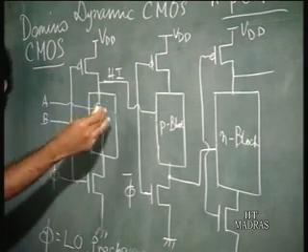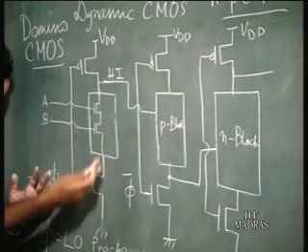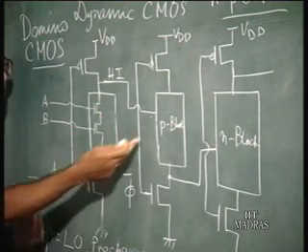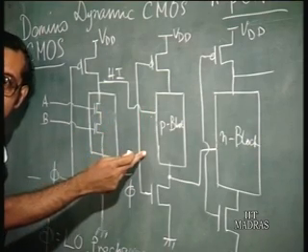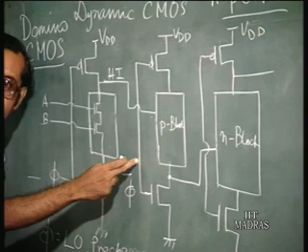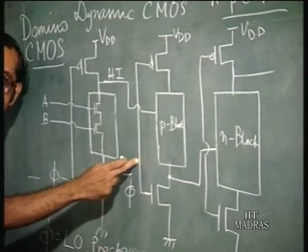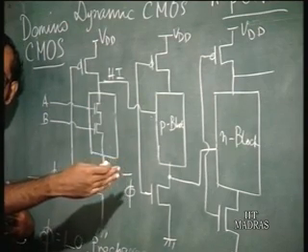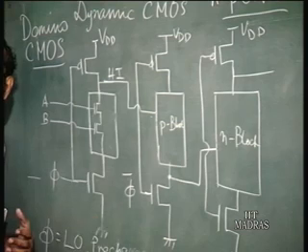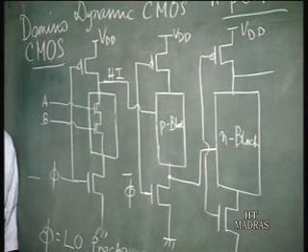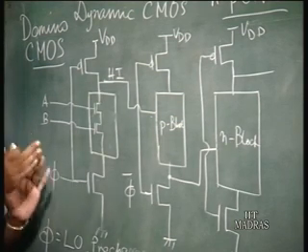That is the expected output of this logic circuit. But because of some leakage paths, this output can decay with time. So if the evaluate phase is too long, slowly the output voltage is going to fall. So the period has to be short.